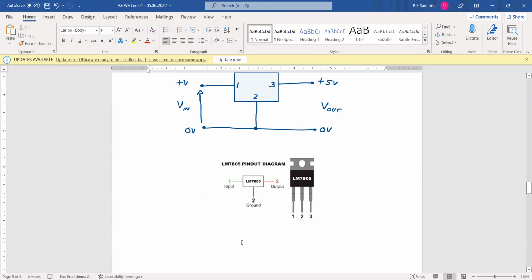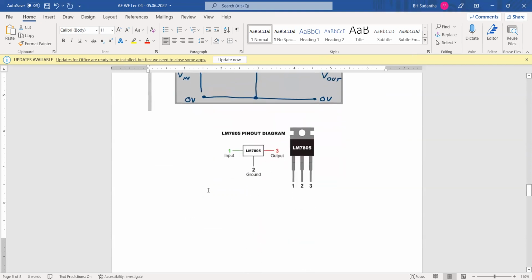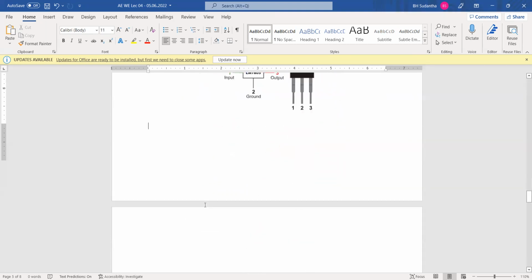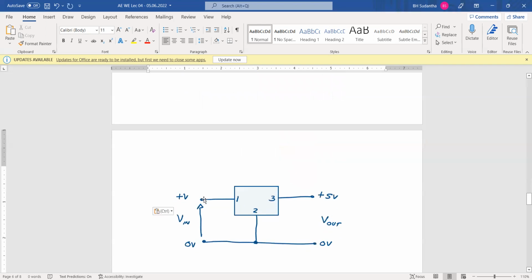And you can make this circuit. It's a very simple circuit, but to have smooth operation, you have to use two additional capacitors here.